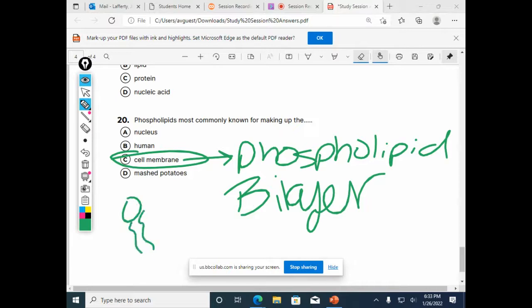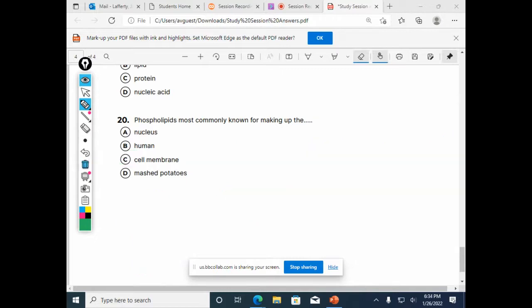Because they kind of form in like this, and their tails tuck in. And when we actually get to cell theory, which is next unit, a lot more of this will make sense, but they'll actually tuck in. And that is to help things such as membrane transport. Okay. So that's all of that game.